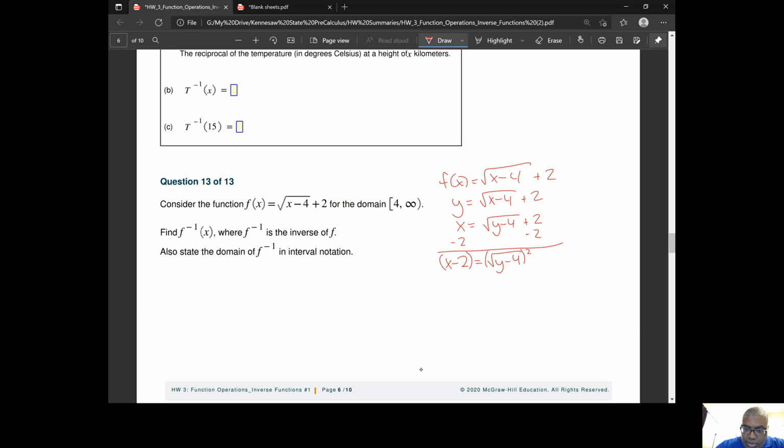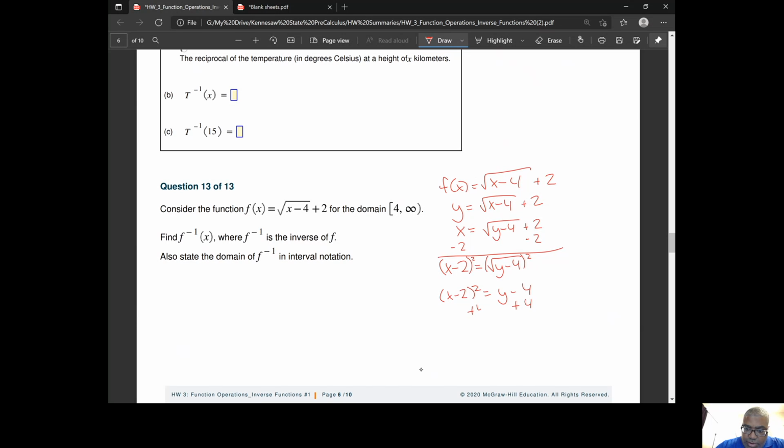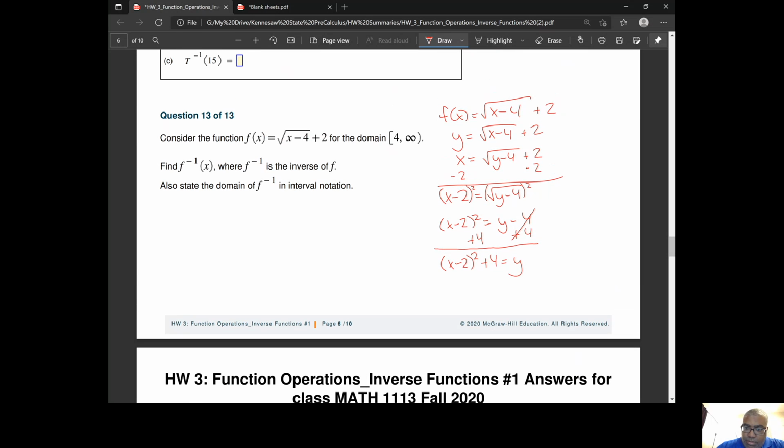Square both sides. So x minus 2 squared is equal to y minus 4. Add 4, and x minus 2 squared plus 4 is equal to y. So that means f inverse of x is equal to x minus 2 squared plus 4. That is our inverse.